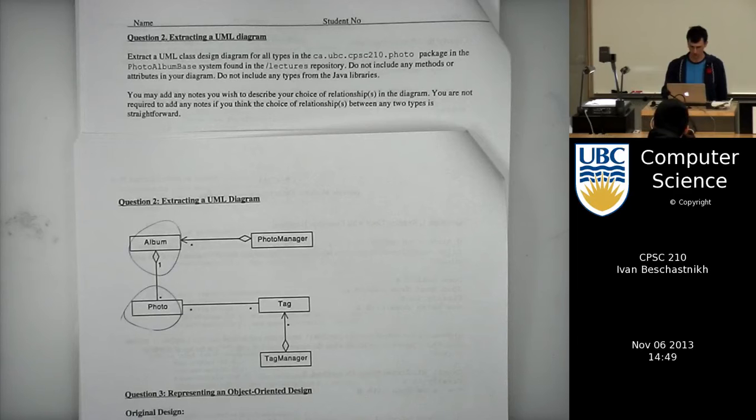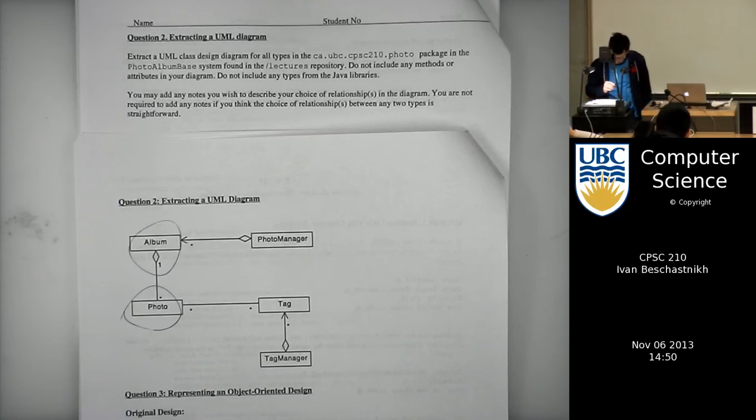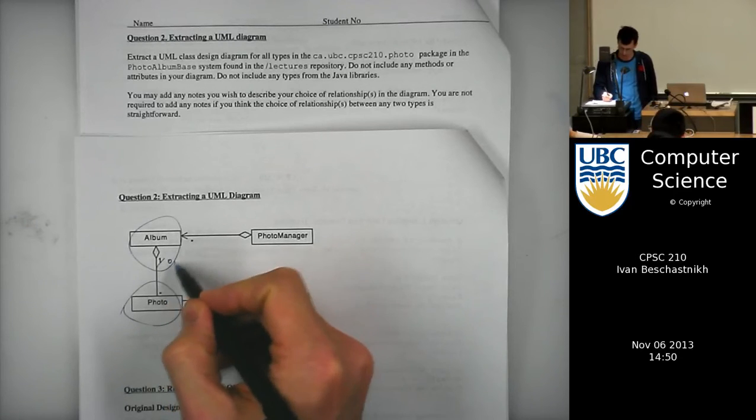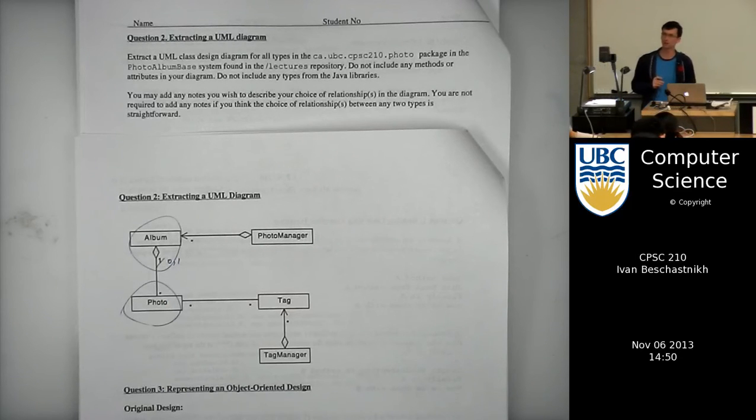So I have a constructor. I set the name in the constructor, and I did not set the album. Yeah, so this seems like a 0 to 1 thing.